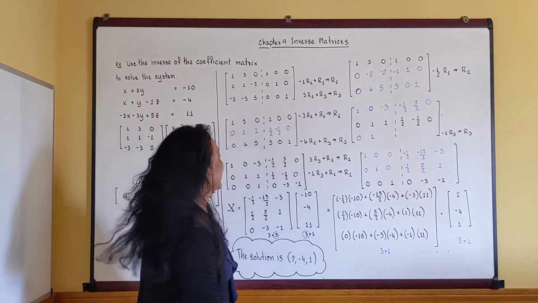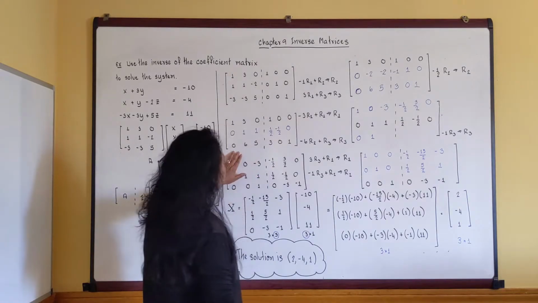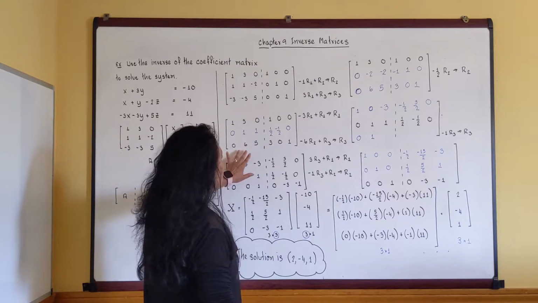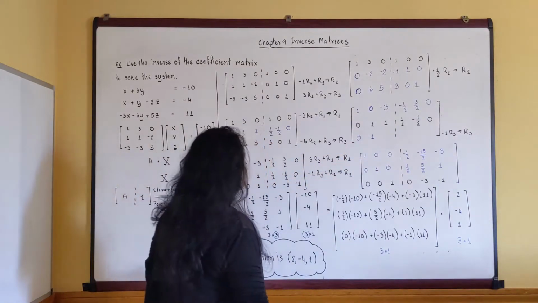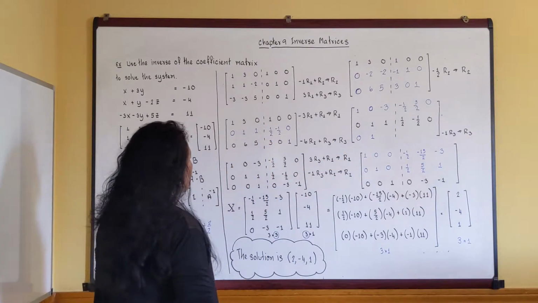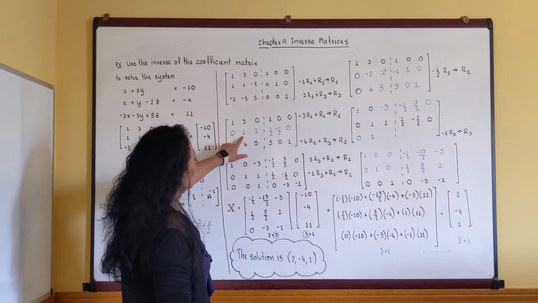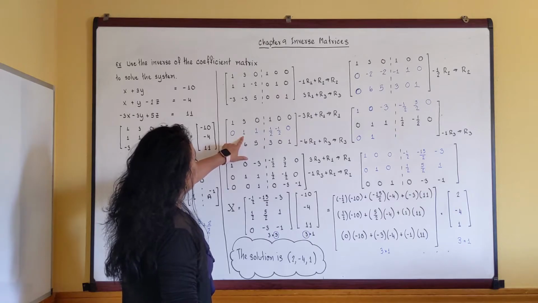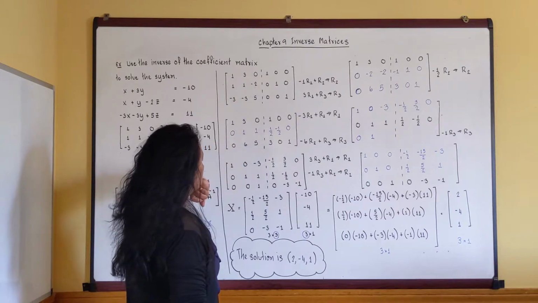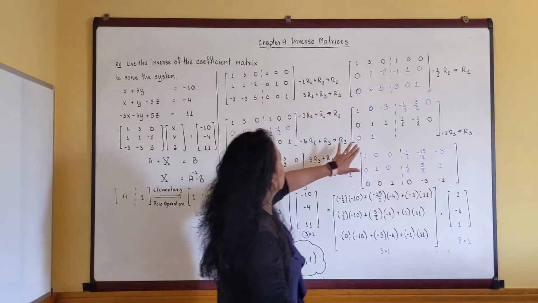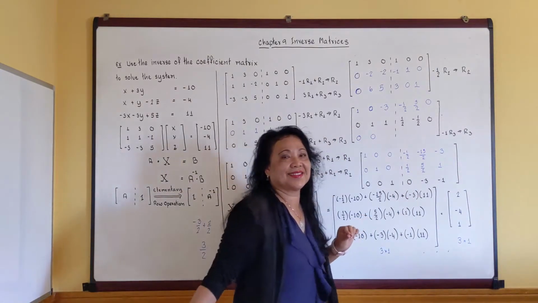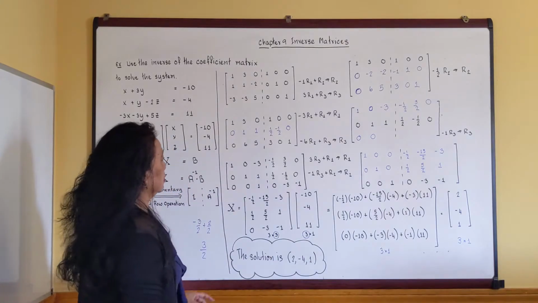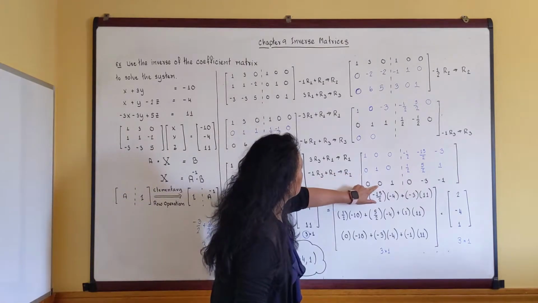Alright? Now, this one, I'm thinking, I want to have 1 here. So if I multiply the second equation by, actually, I want to have 0 here. Because, look, I want to have 0, 0, 0.